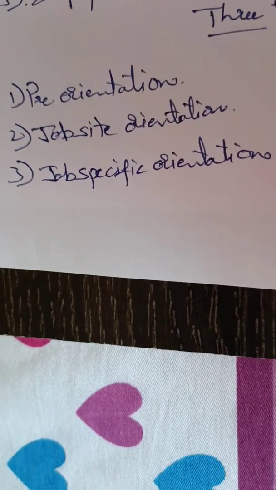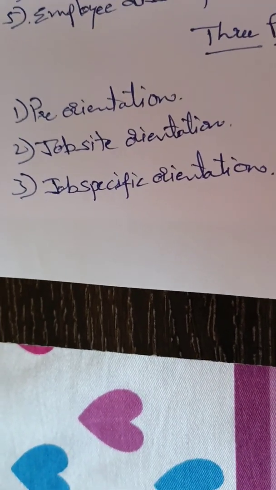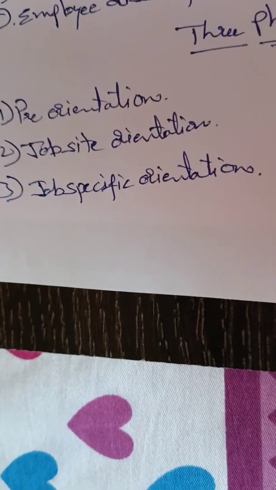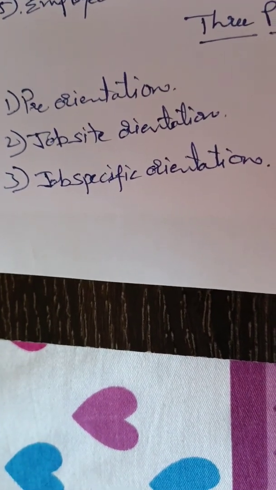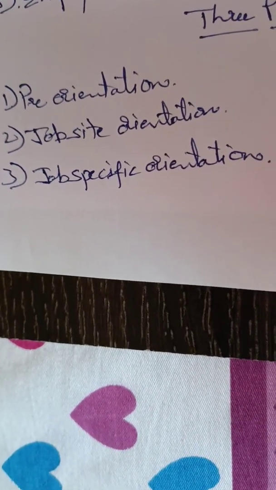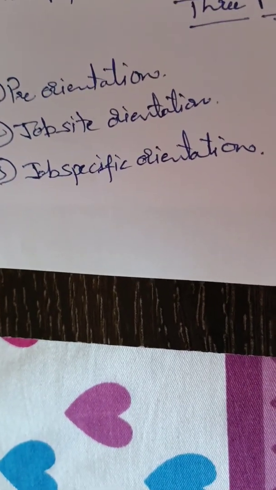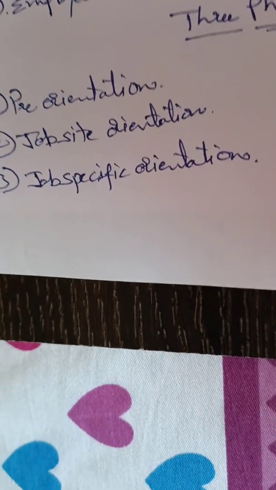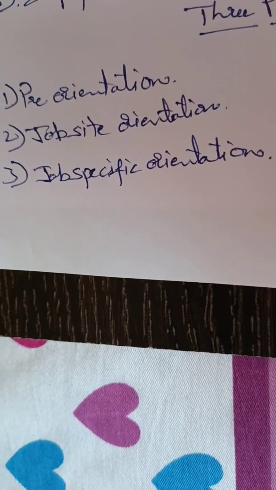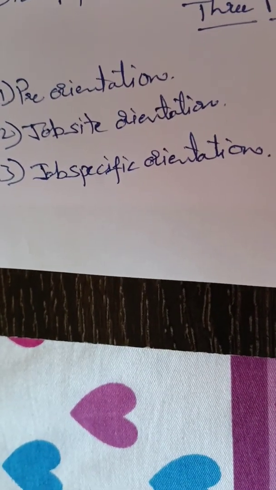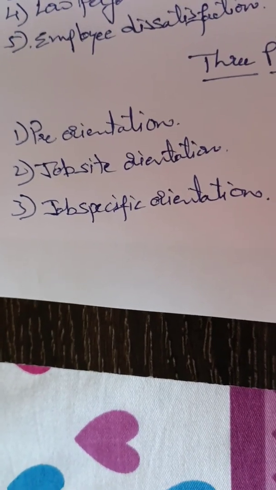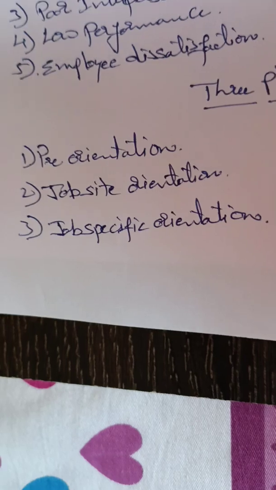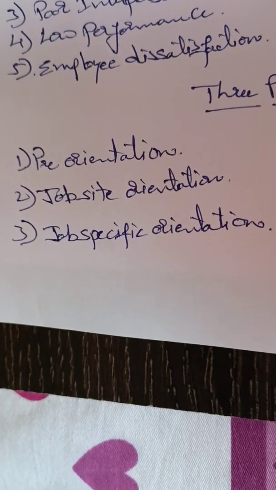Job specific orientation covers what role they have joined, what job description they have been given, what job they are going to be assigned, and whether it needs any specific qualification, skill set, improvement of current skills, or further trainings they have to attend, such as any special job experiences they have to acquire in doing the job.